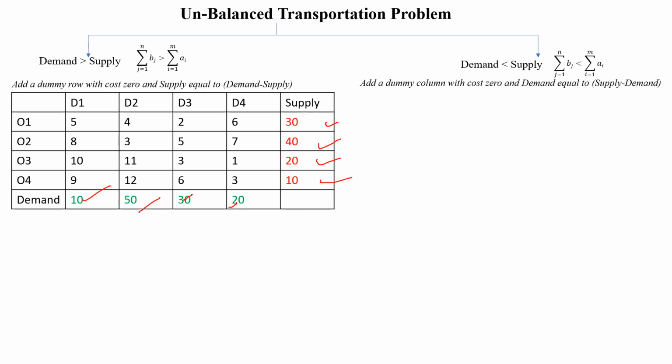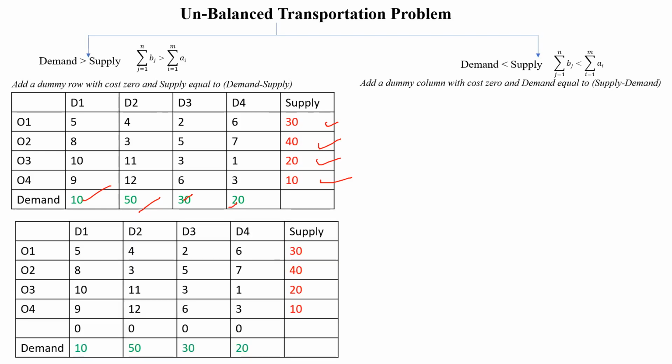So demand is greater than the supply. Then we have to add a dummy row with 0 cost. The supply value for this dummy row is the total demand minus total supply, that is 110 minus 100, which is equal to 10.